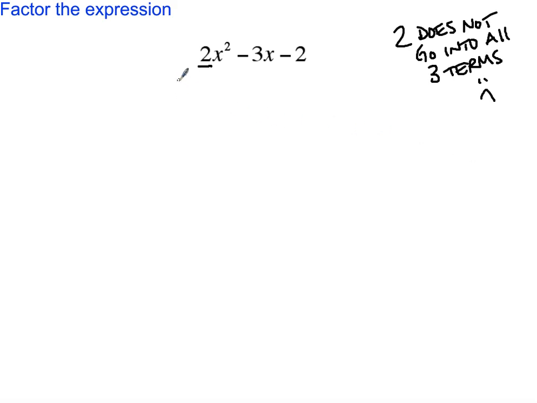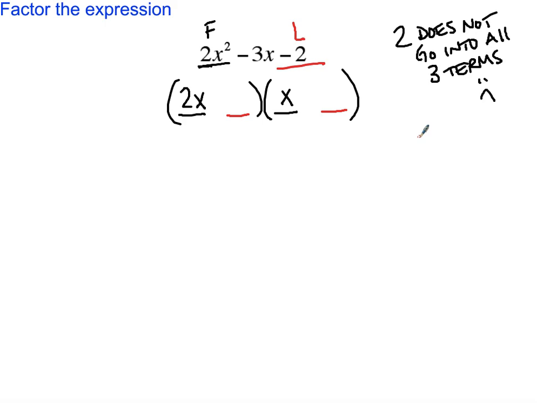So we're going to set up our 2 sets of parentheses. The first 2 have to make up this 2x squared. The only thing that could be would be a 2x and an x. The last 2 spots have to multiply to give us -2.